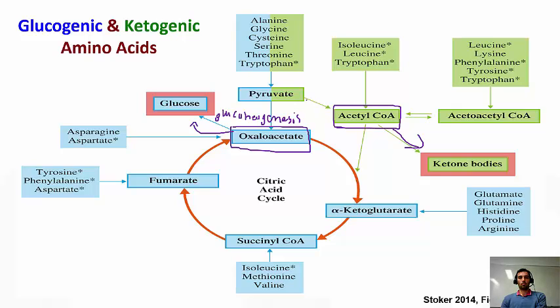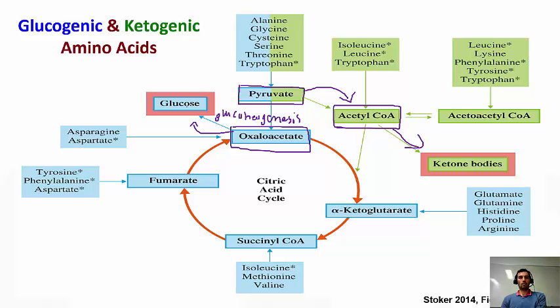But if you're an amino acid that is both glucogenic and ketogenic, that means you are an amino acid that can be converted into pyruvate, because that pyruvate can get converted into both acetyl-CoA and the citric acid cycle intermediates that eventually lead back to glucose.